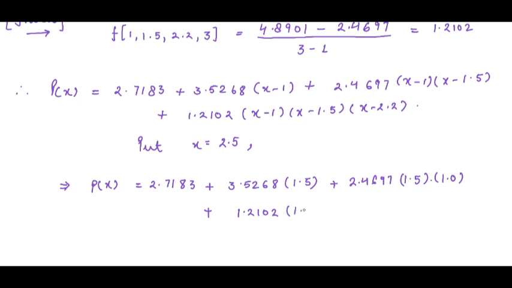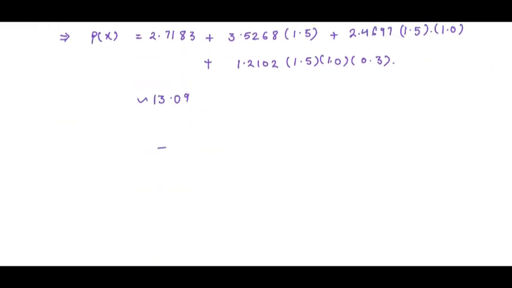Now evaluating gives approximately the polynomial value at 2.5 as 13.09. The important point here is not just the final answer, and notice how the method worked perfectly even though the x values were unequally spaced.